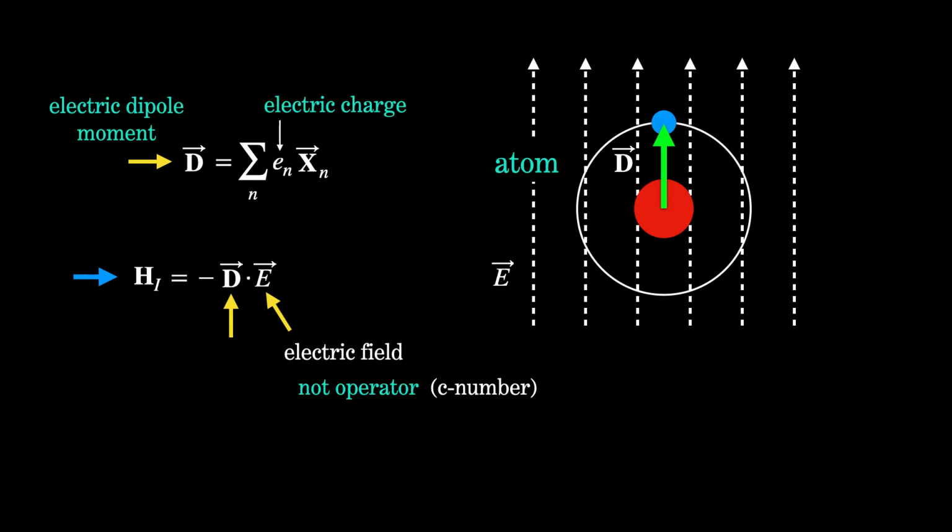This is appropriate because this field is considered to be macroscopic in the sense that we can ignore the perturbation on it by the back reactions of the electrons, and thus it could be described by a classical field. This classical field evolves in time, independent of how the electrons change in time. Only D is a Hilbert space operator. H_I is inspired by classical electrodynamics.